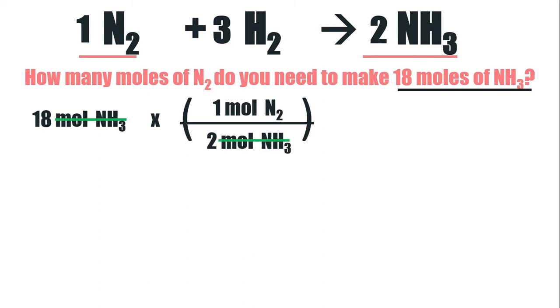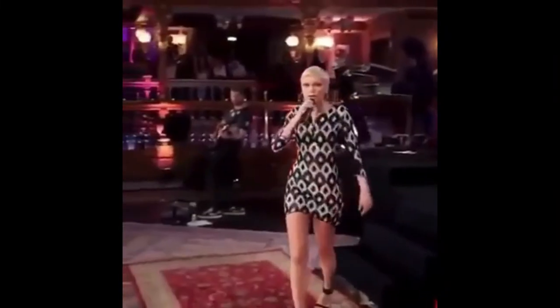Look how the units will cancel. We now have the moles of nitrogen. Solving for this will give us 9.0 moles of nitrogen. It's 9.0, not 9, since we have two significant figures in the given. Don't forget that.